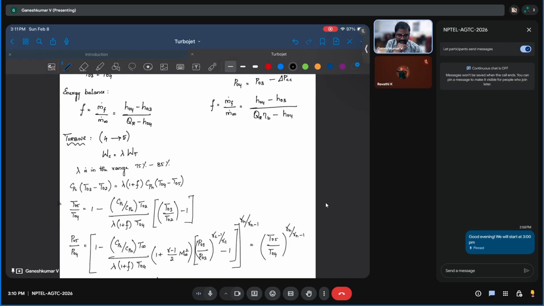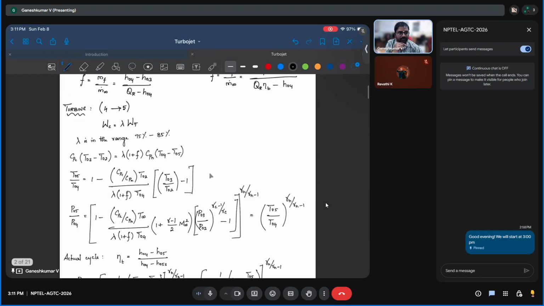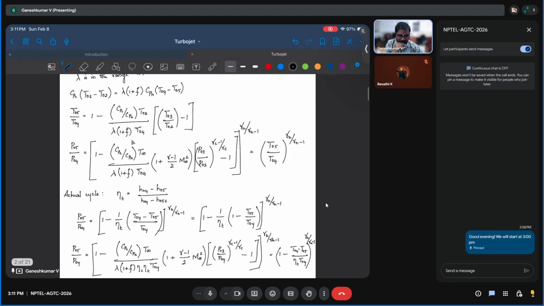Based on this energy balance, you can easily find T05, the temperature at the exit of the turbine. Once you know the temperature, you can directly find the pressure based on the isentropic relation. Here it's just rewritten in terms of terminal temperatures, which is why it looks complex.